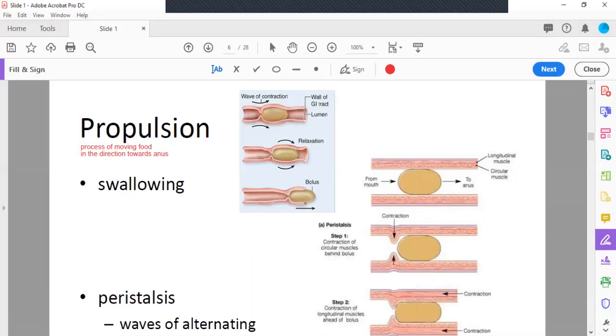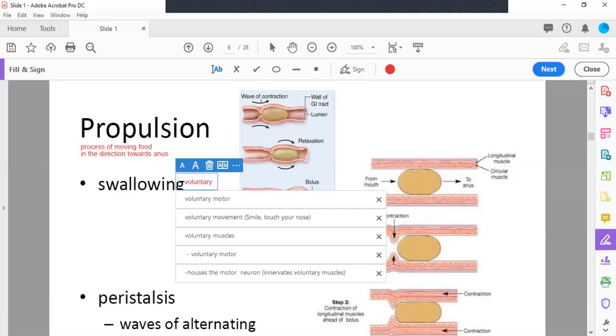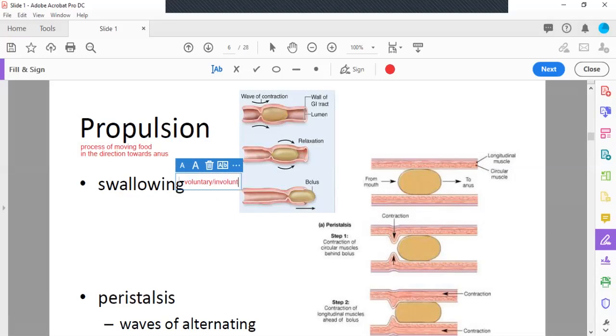Good. Swallowing can be voluntary and involuntary. And here's the reason why. Swallowing has three phases. Number one, the buccal phase.